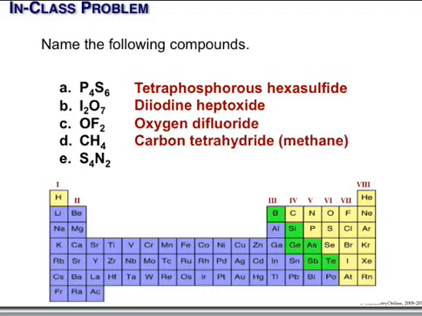But if you called it that, nobody would ever know what you're talking about. This is the organic compound. Methane, natural gas. We've seen that before, CH4. Organic chemists have their own way of naming carbon compounds. Finally, 4 sulfurs, 2 nitrogens. Tetrasulfur dinitride.